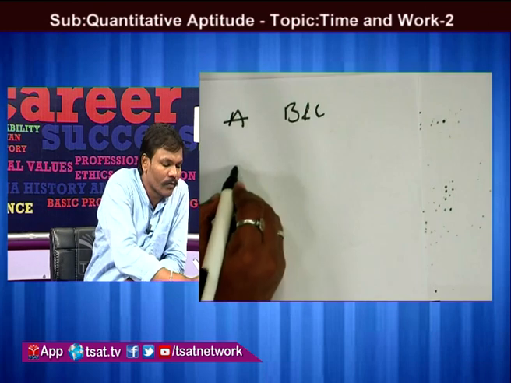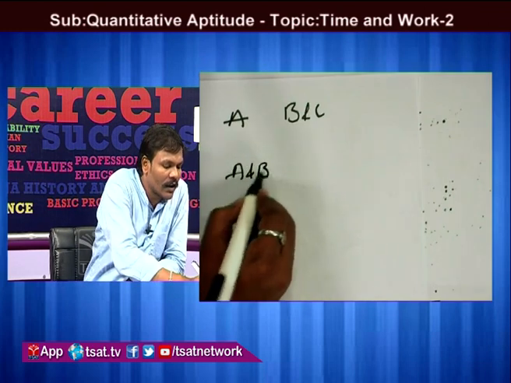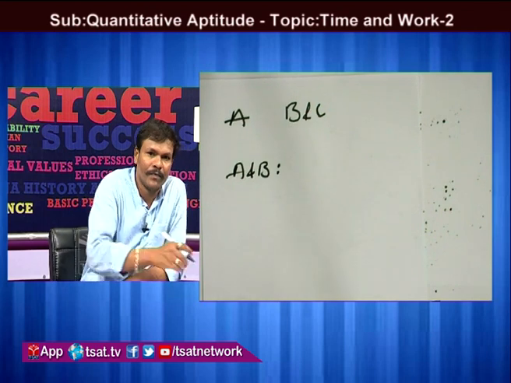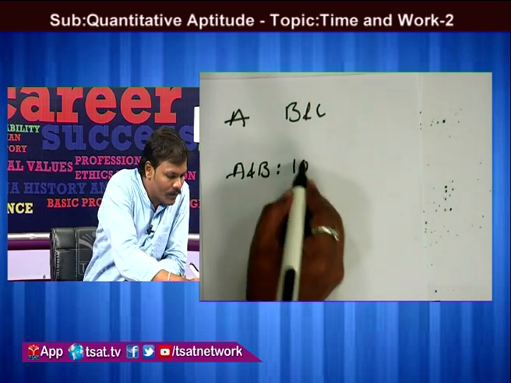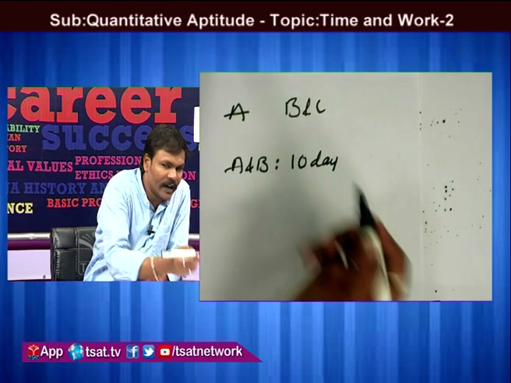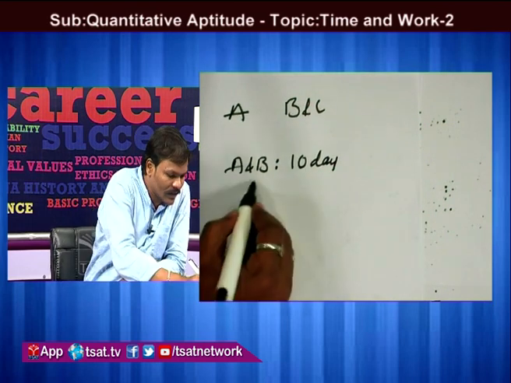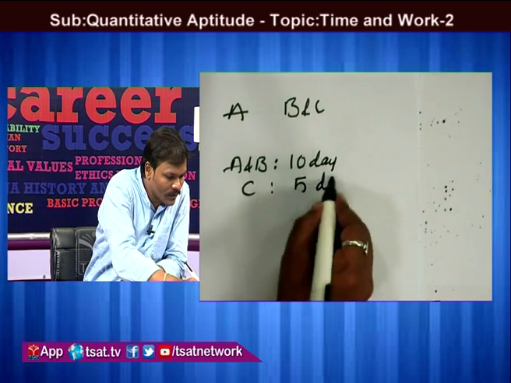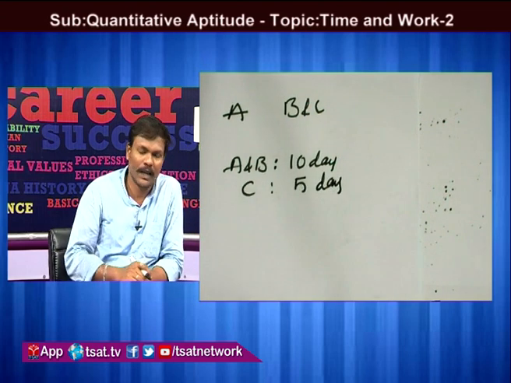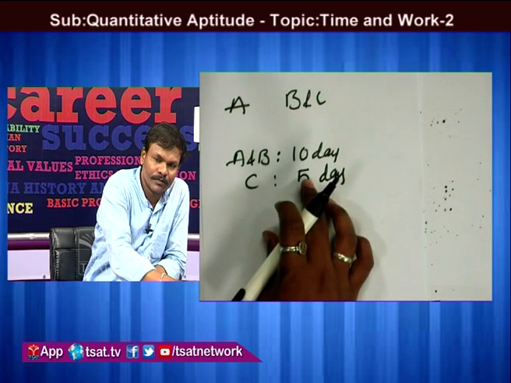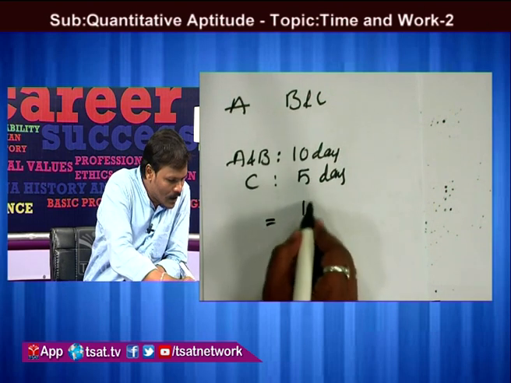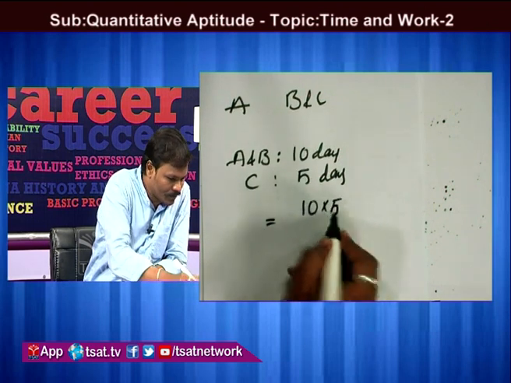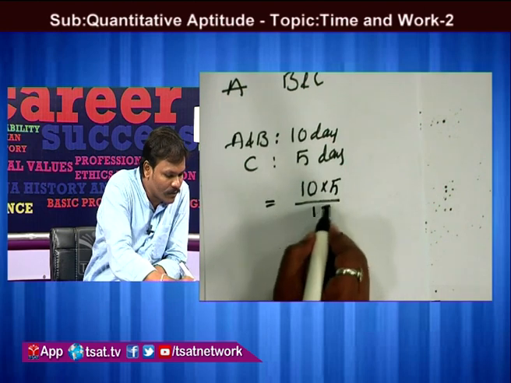Next one is: A and B can complete the work in 10 days, C alone in 5 days. When we have two values, multiplication by addition, we have to remember it.